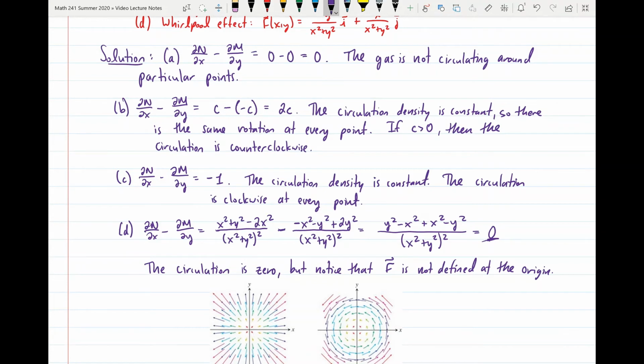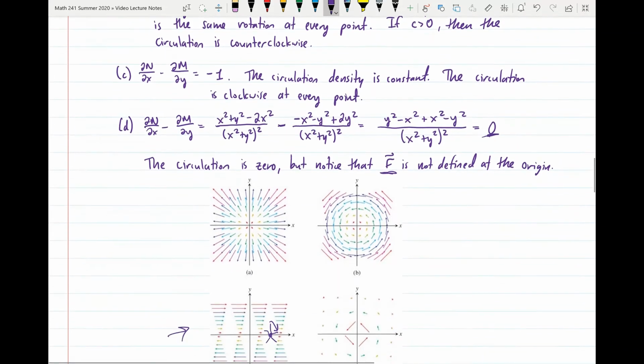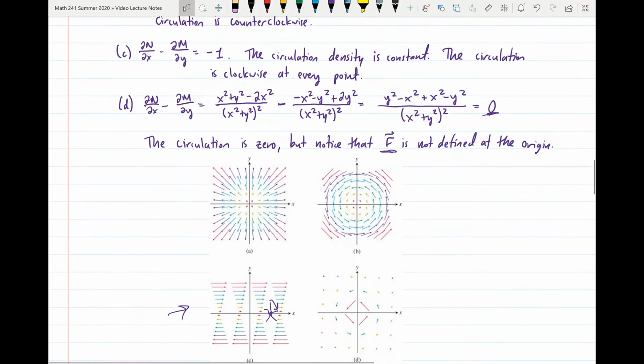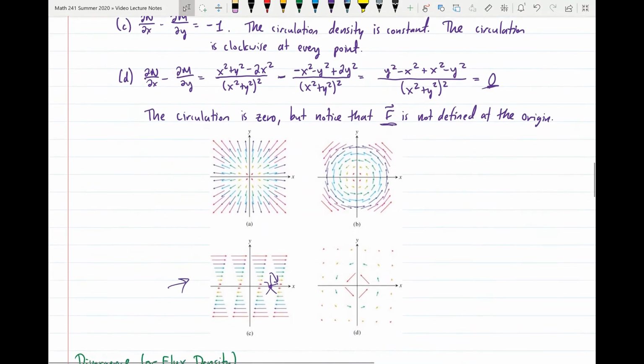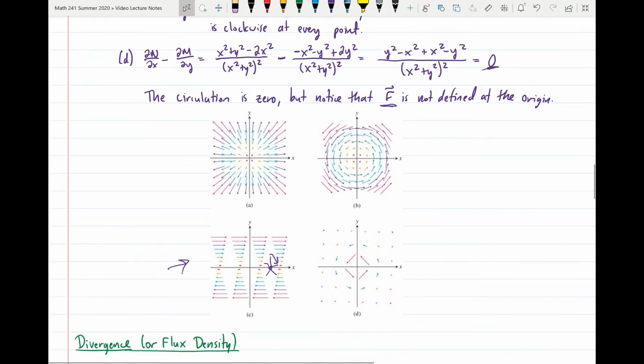So the circulation density is 0, but it's important to notice that our vector field is not defined at the origin, because once I show you the picture, it's going to look like there should certainly be some positive circulation density at the origin, right here, because the fluid is certainly flowing around that center, hence the name, the whirlpool effect.